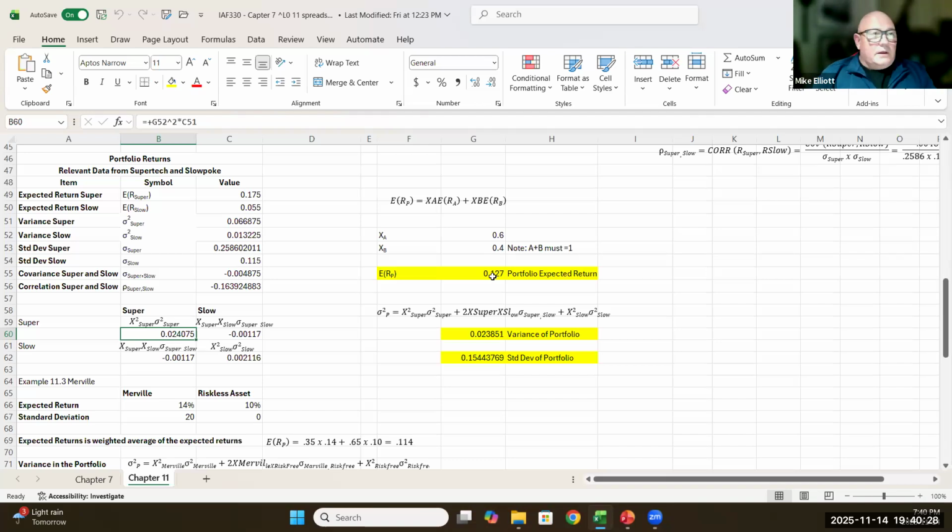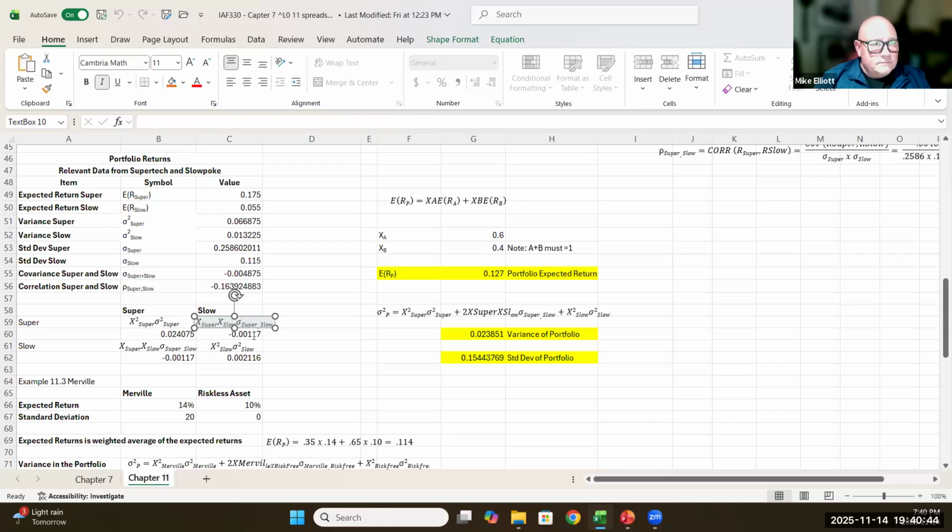So the variance of super is the variance of super times 60% squared. And that gives us 0.24075. The variance for slow, and so on.